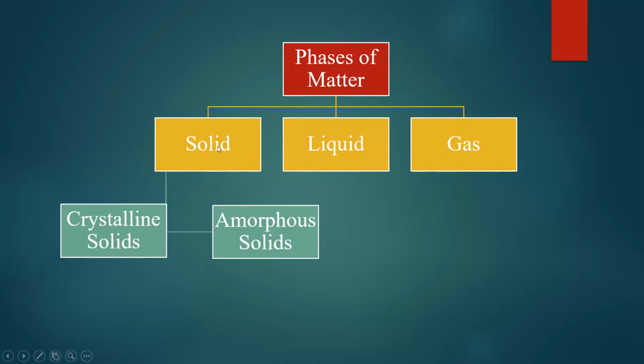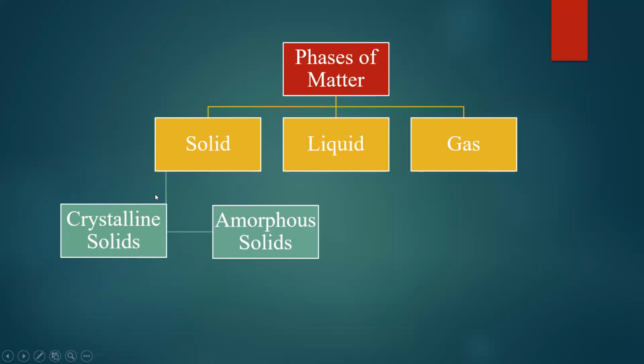In solids, you can find two types: crystalline solids and amorphous solids. We will not bother about liquid and gases here, because we will concentrate on crystalline solids in this topic. So in solids, we'll concentrate on crystalline solids, or crystals.